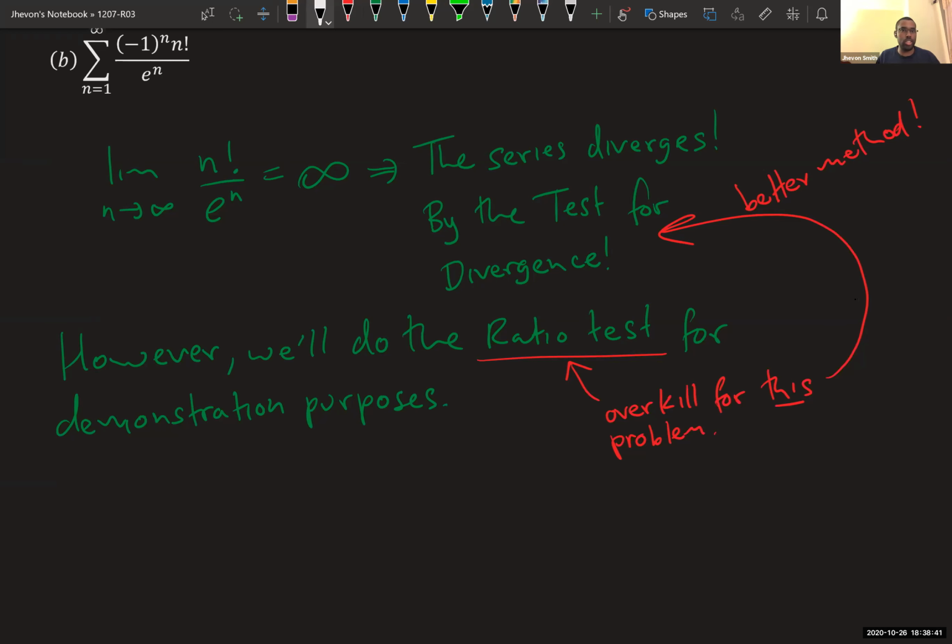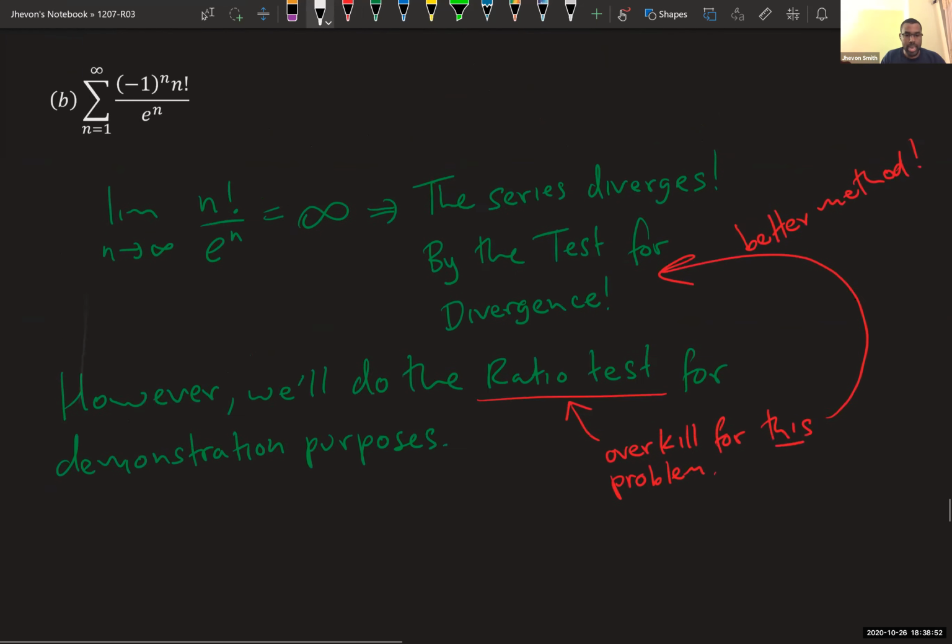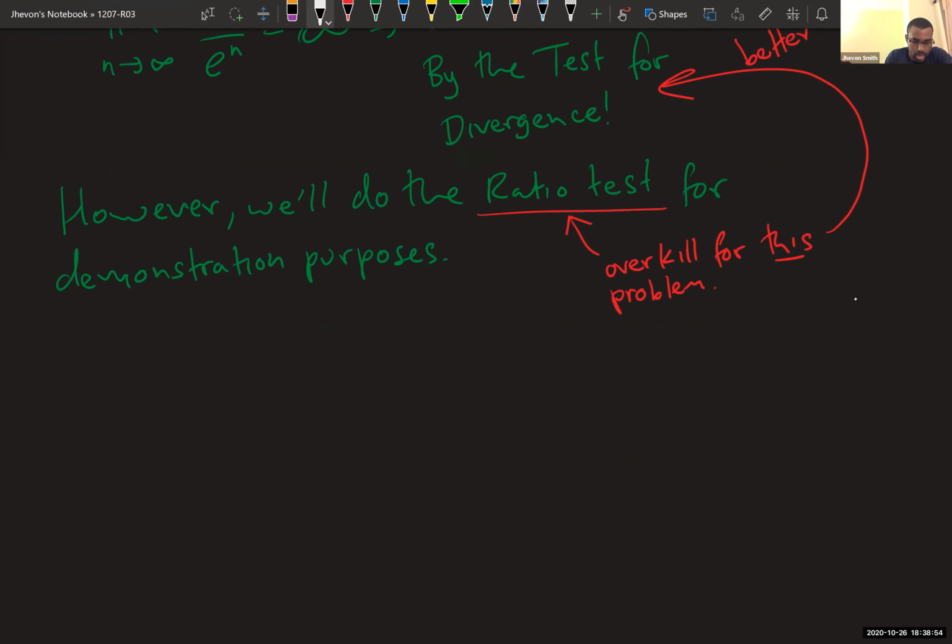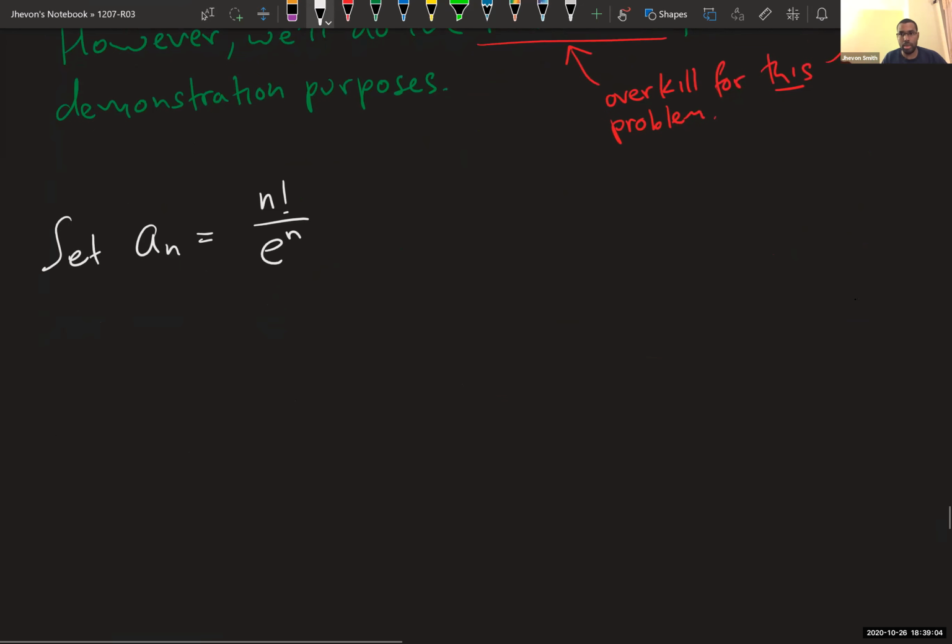But let's just continue with the ratio test just because I actually want to show you guys something, why the ratio test might be useful, but let's jump into it. So my a_n, what I'm doing is setting a_n equals n factorial over e to the n. As I discussed earlier, I can ignore the alternating signs because I'm going to throw this in absolute values anyway.